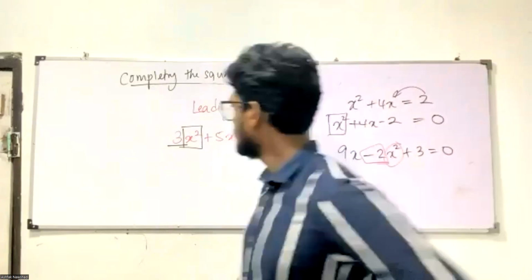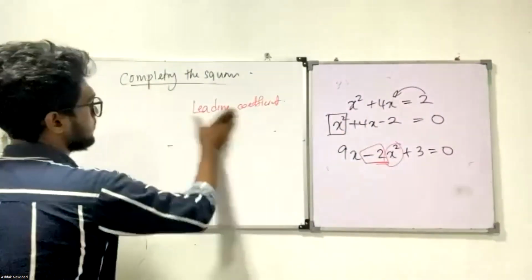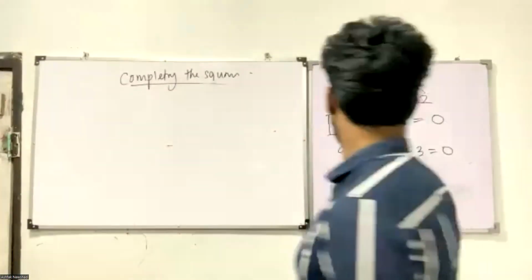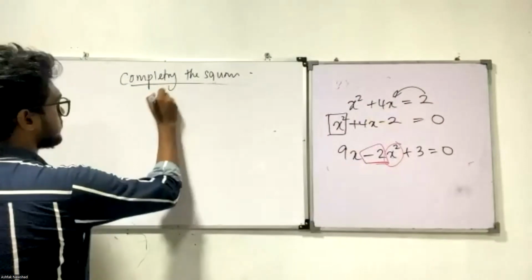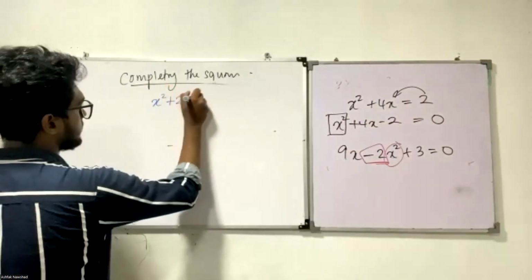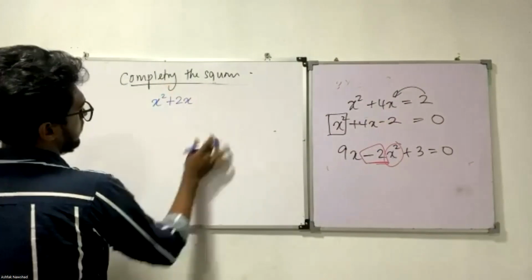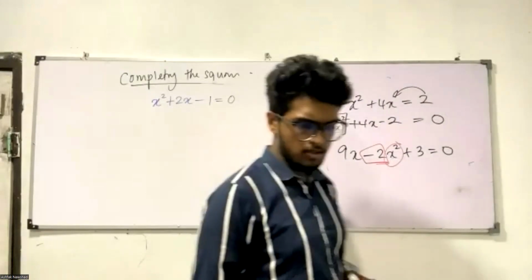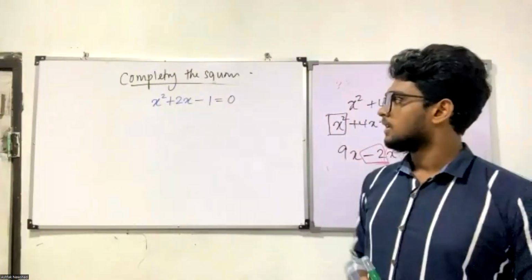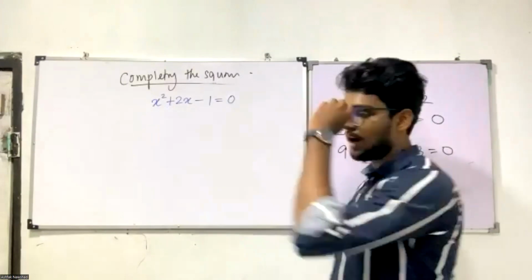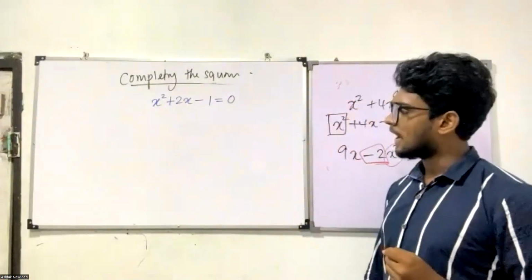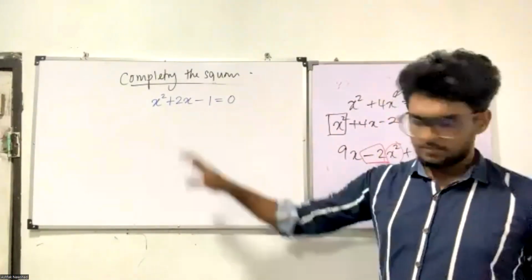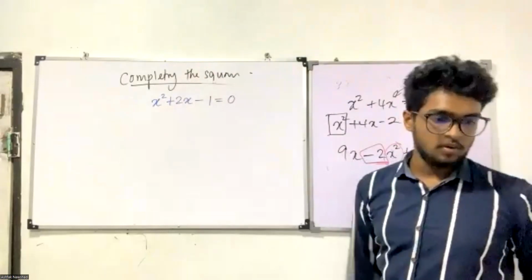Okay. Now, let's see how to solve using the completing the square method. Let's use this equation: x squared plus 2x minus 1 equals 0. This is the equation you have to solve. Now you have to find values for x. We cannot factorize this. So we definitely have to use an alternative method.